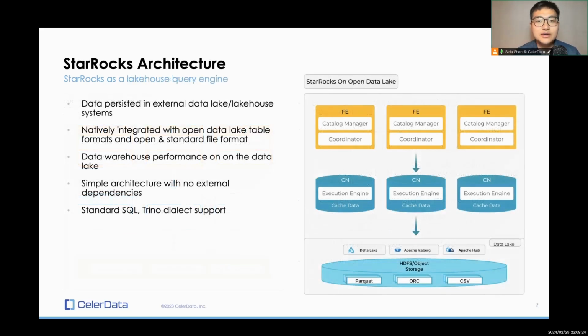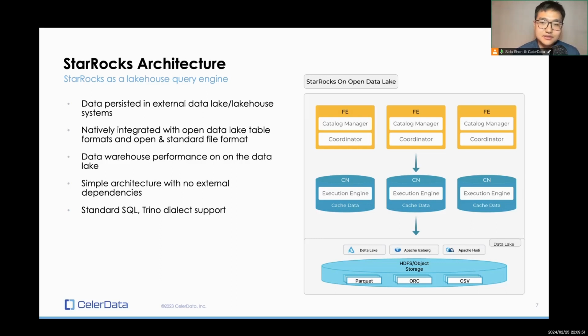And also StarRocks can be used as a Lakehouse query engine, right? So the difference between this and the data warehouse architecture is that instead of persisting data within StarRocks, it's persisted in an external data lake or data lakehouse system, an open lake system, in open lake table formats and open standardized file formats.